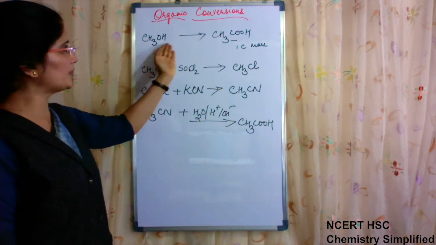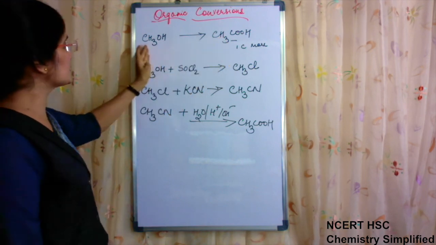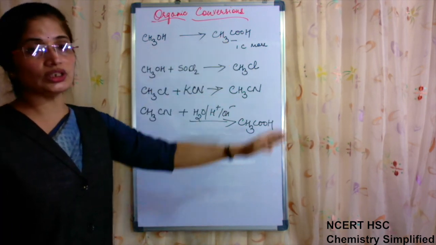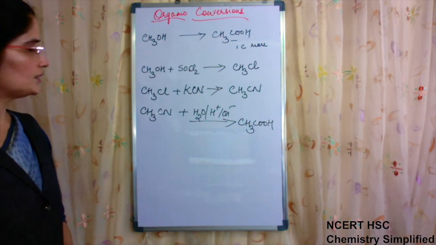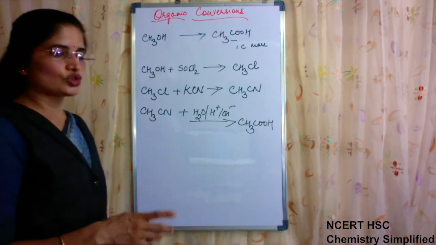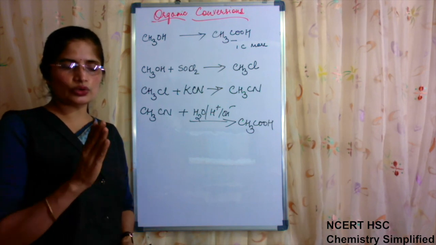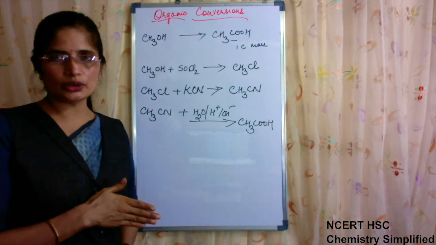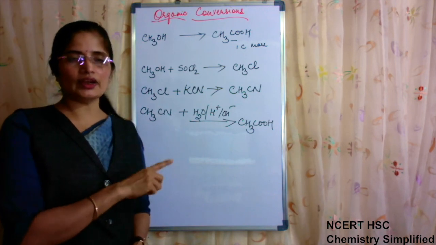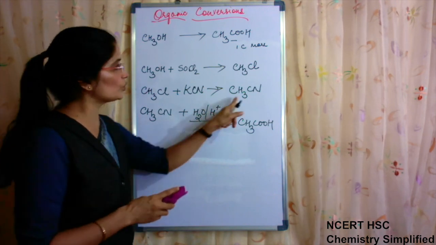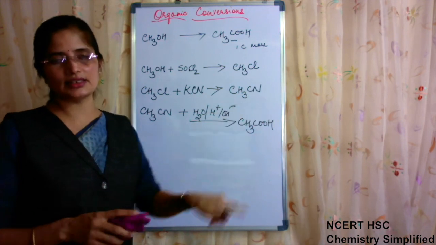So you have obtained the product which you wanted, that is methanol converted to ethanoic acid. Okay, this is one of the ways. In the previous reaction we had seen, to reduce one carbon atom we had to go through the Hofmann bromamide reaction. If we have to increase, then we have to think to reach cyanide, the CN group.